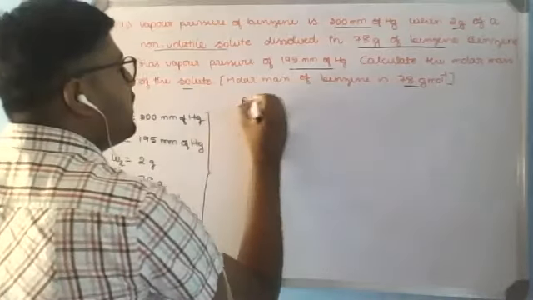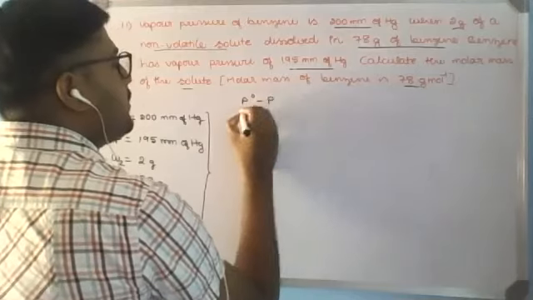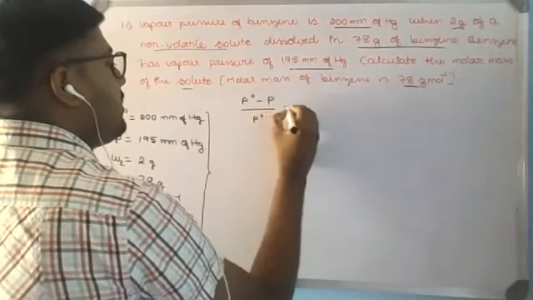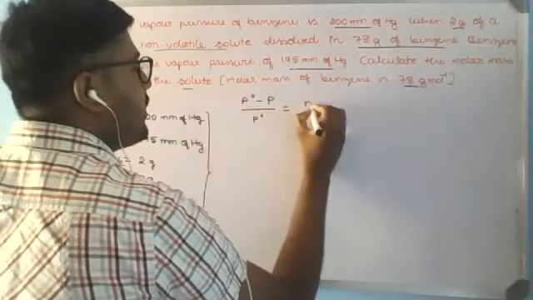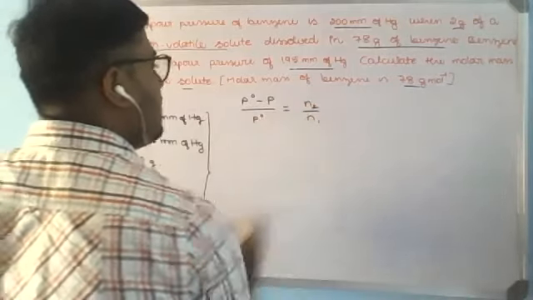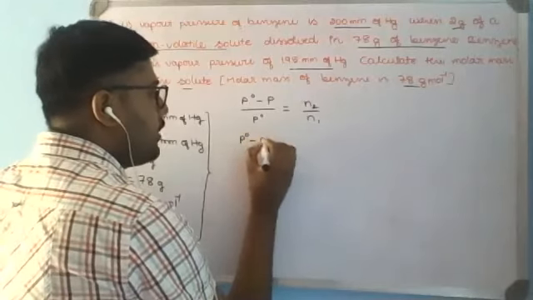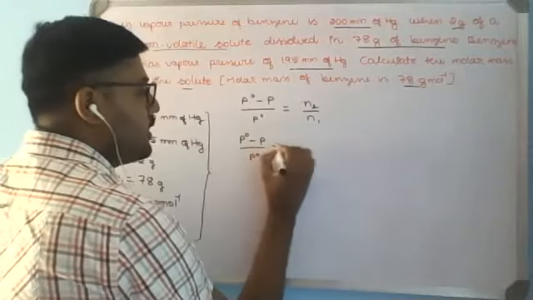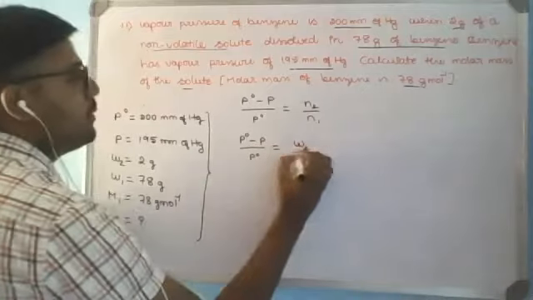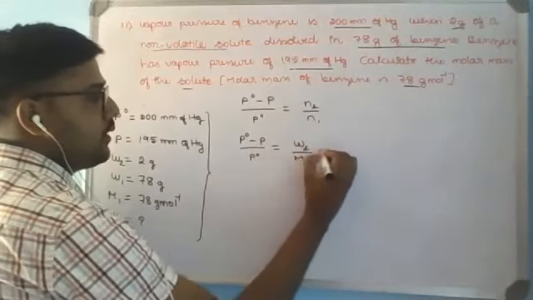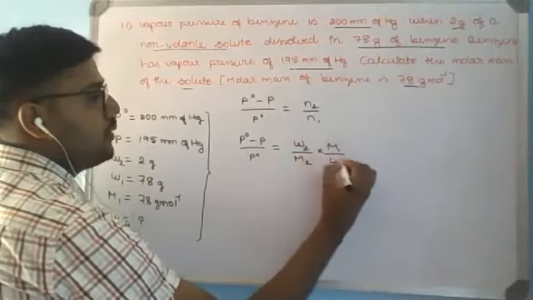As we know, from Raoult's law for RLVP, (P naught minus P) by P naught is equal to N2 by N1. With the definition of number of moles, the equation is written as (P naught minus P) by P naught is equal to W2 by M2 into M1 by W1.